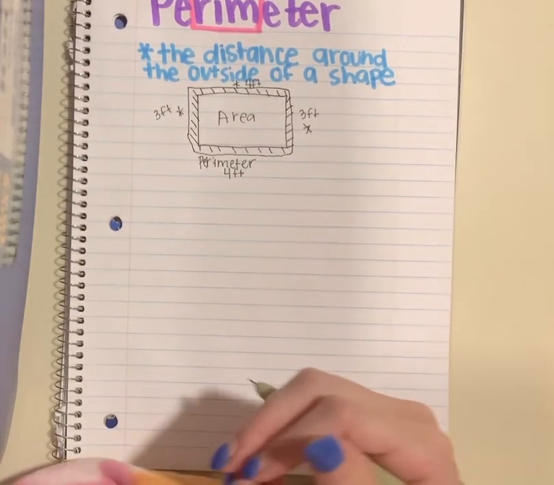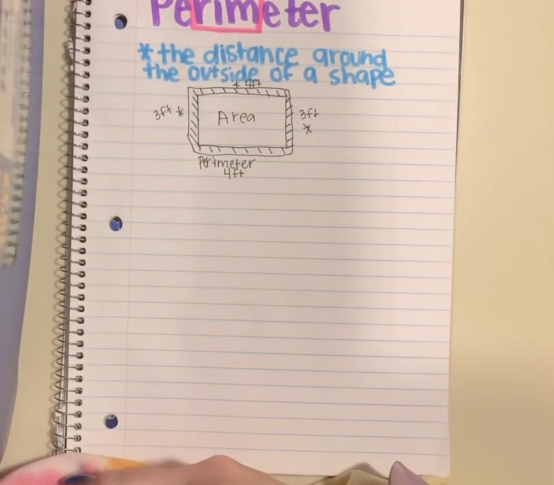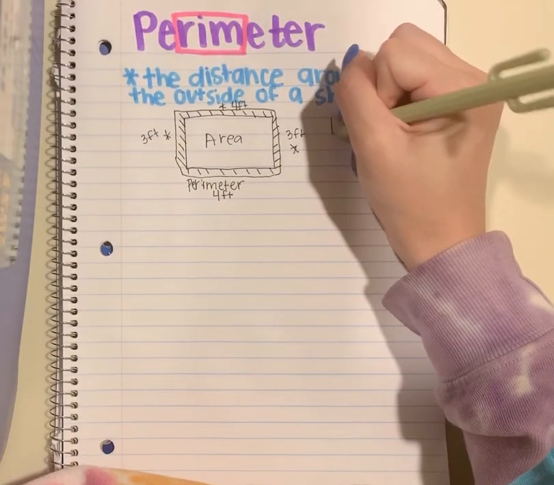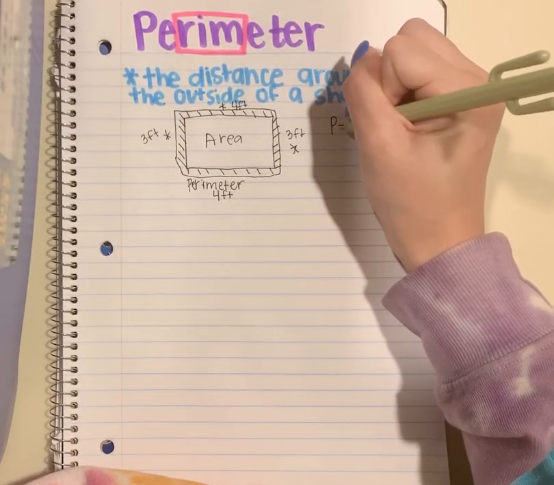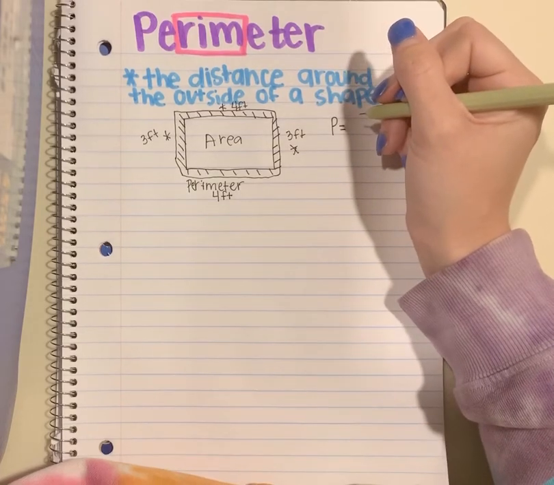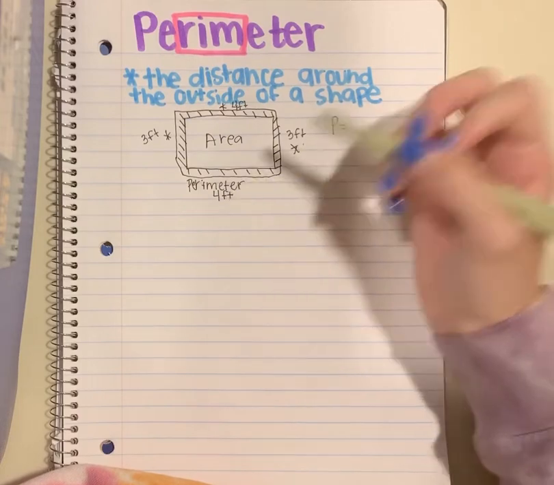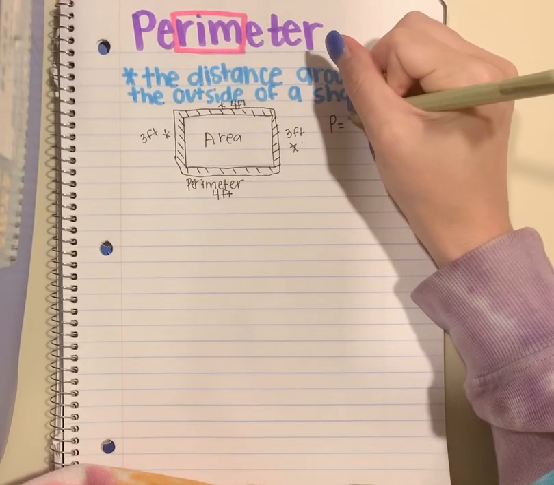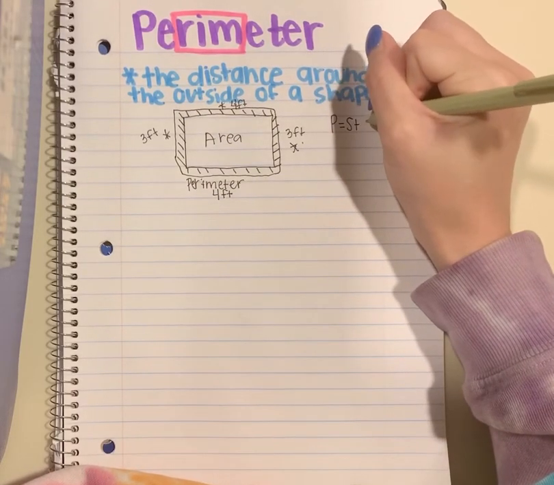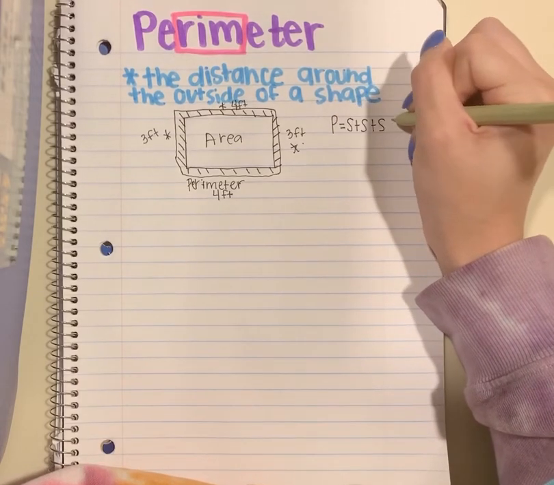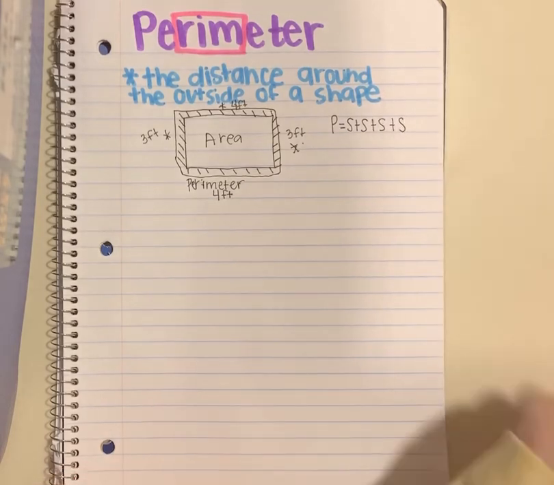Okay. So I am given all my measurements, and to find the perimeter of that, I would need to use my formula, which is P equals all of the sides added together. We have 1 side, 2 side, 3 side, 4 side. So I'm going to write P equals side plus side plus side plus side.